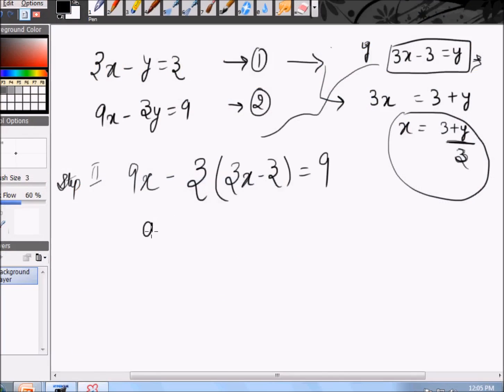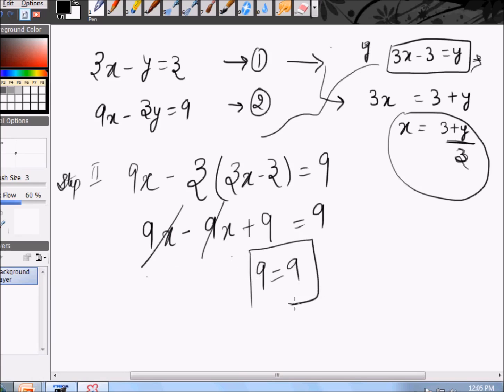If we open the brackets, we get 9x minus 3 into 3x, which is 9x, and negative into negative becomes positive, and 3 into 3 is 9, equal to 9. Or 9x gets cancelled by the negative 9x, and we get 9 equal to 9. Friends, 9 equal to 9 is always true.